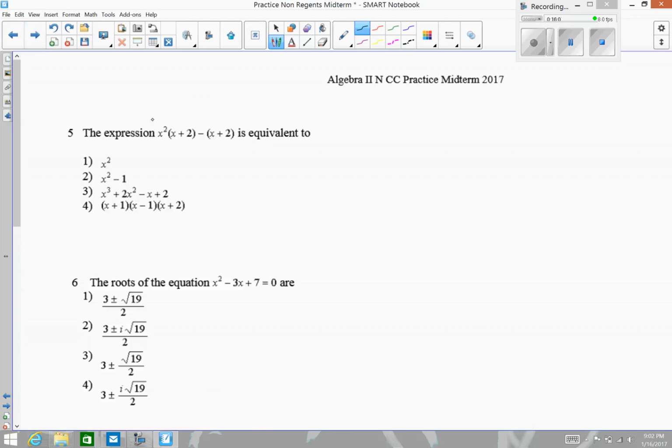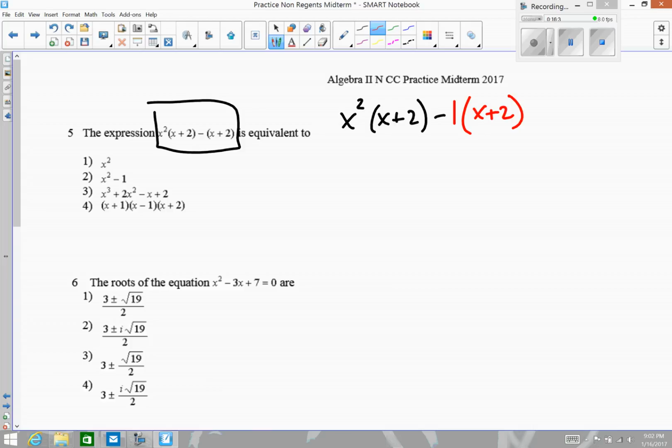If you take a look at what you've got here, this is very close to what we get when we are in the middle of doing some factoring. Look what happens if I put here a negative, not just a negative and then parentheses x plus 2, but make this a negative 1 times this x plus 2.